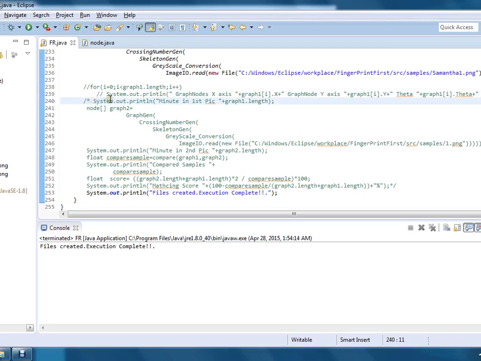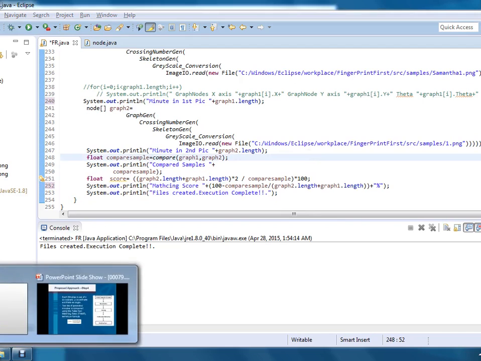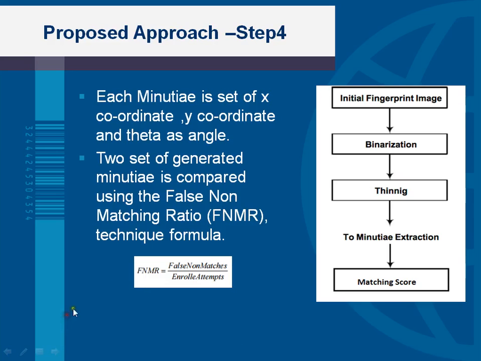It has been calculated as the total matched minutia divided by the total number of minutia compared minus skipped minutia. Skipped minutia are the minutia which do not have a corresponding minutia pair.